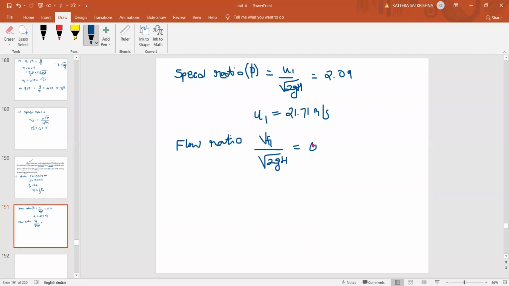From this we can find VF1 equals 0.68 into under root of 2GH, so 7.063 meter per second. These things are already given in the question, so it is easy to find U1 and VF1.